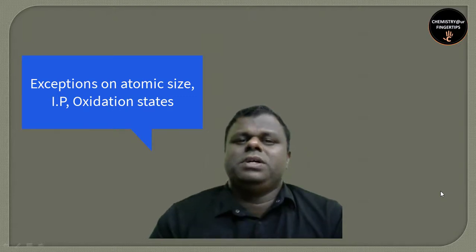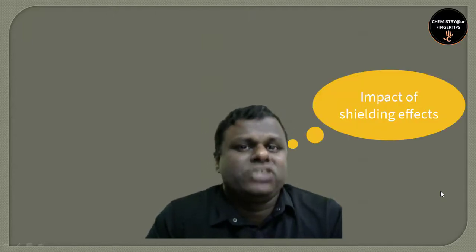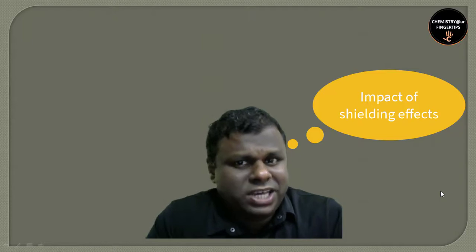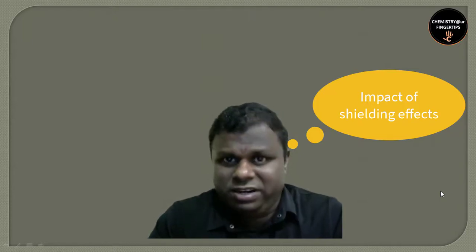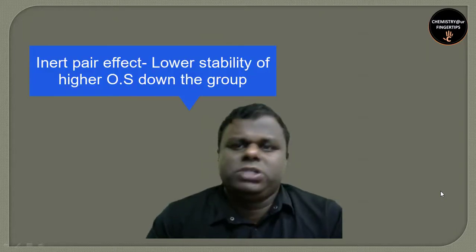Now, in the periodic table, if there is any anomalous behavior, the entire blame is put on the shielding effect. But yes, that's really true. So try to understand the impact of the shielding effect on atomic size, nuclear charge, oxidation state. Most important, the inert pair effect. Try to study the inert pair effect for each and everything. So this was just about the periodic trends.